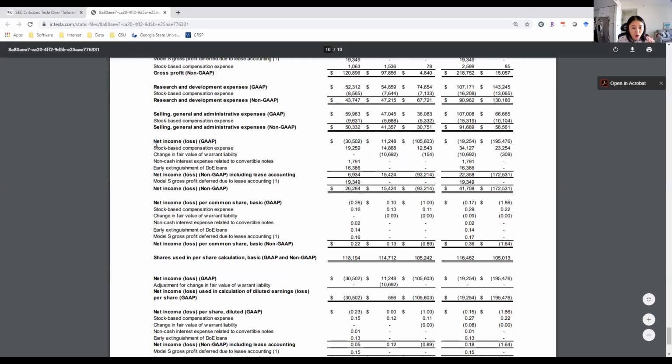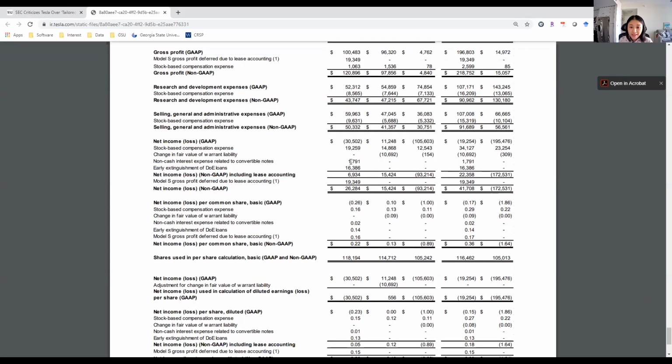They exclude all this stock-based compensation and non-cash interest, and then they come to this non-GAAP net income, including the lease accounting, which is already a positive number. By just excluding expenses, you subtract less from the net income, and you have a positive number.